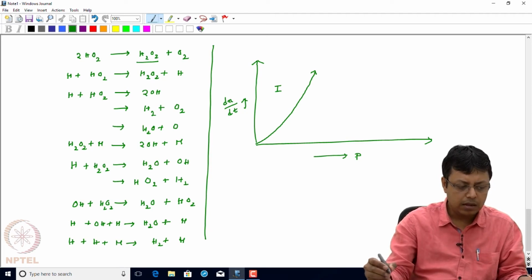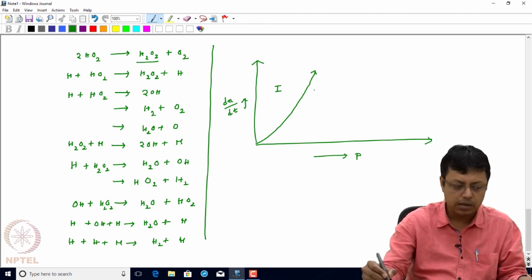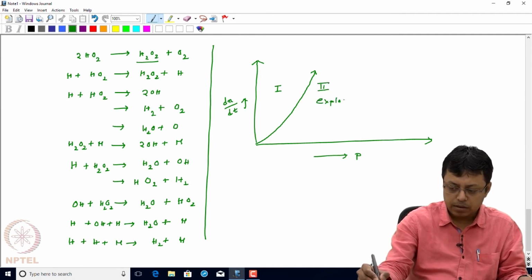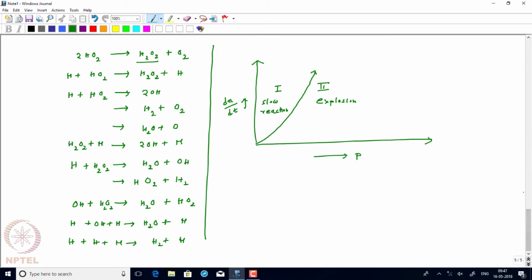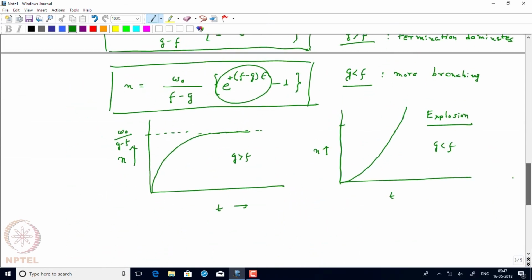Initially it will be a slow reaction, but eventually there will be an explosion. This curve is a combination of the two curves which we have drawn. If termination dominates, I'll have a kind of explosion. So overall I'll have a growth something like that.